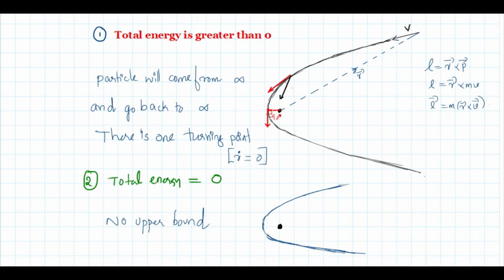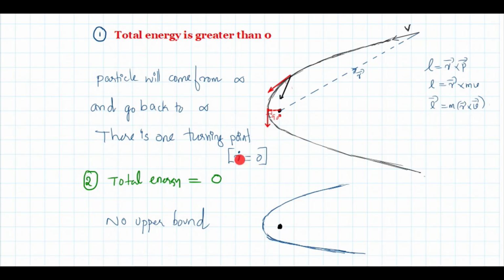For all other points, the velocity has one component along the radial direction, along the r coordinate, but at this point there is no component in the r direction. Entire velocity is tangential, so r dot is 0, and this point is known as the turning point.